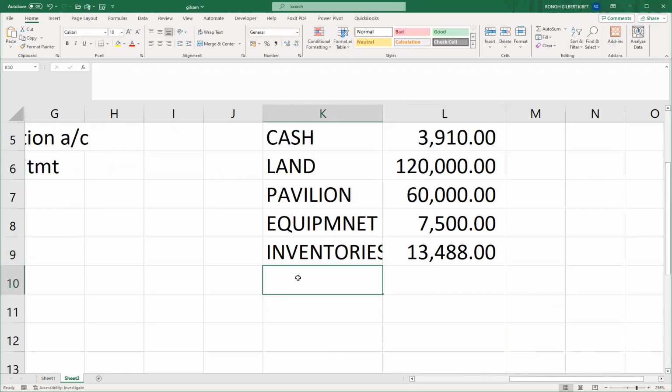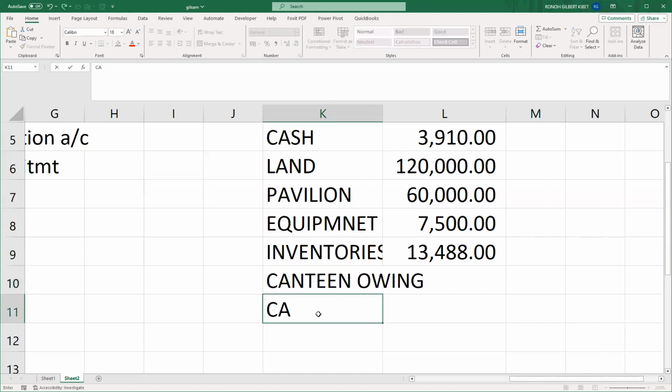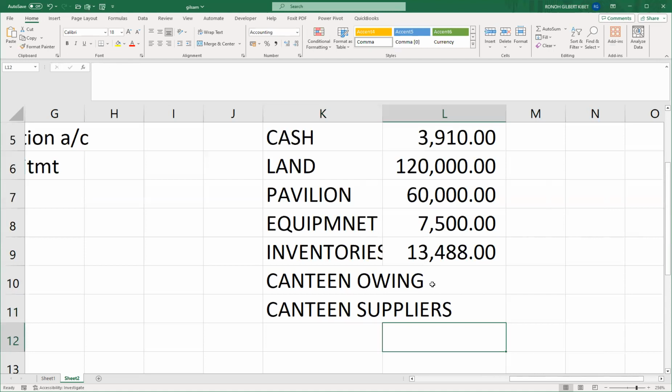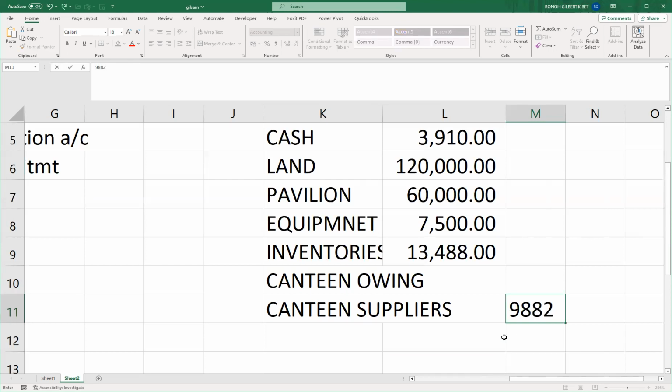And then we have the canteen suppliers owing. It is 9,882. Is it canteen expenses or canteen owings or canteen suppliers? Canteen supplies owing. It is 9,882.